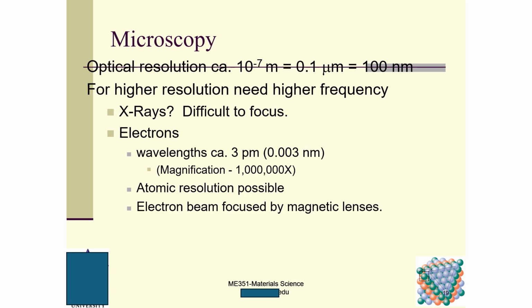Pico is 10⁻¹², nano is 10⁻⁹, femto is 10⁻¹⁵. You should know the relationship between these words. Magnification here is 1 million. Atomic resolution is possible, with the electron beam focused by magnetic lenses.